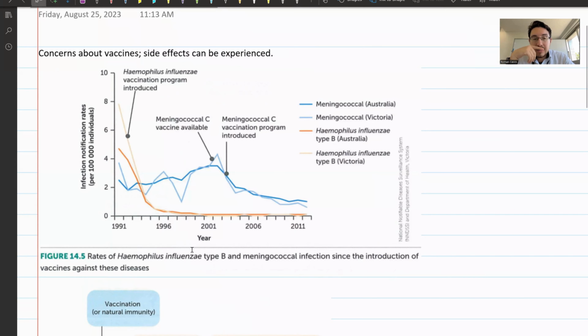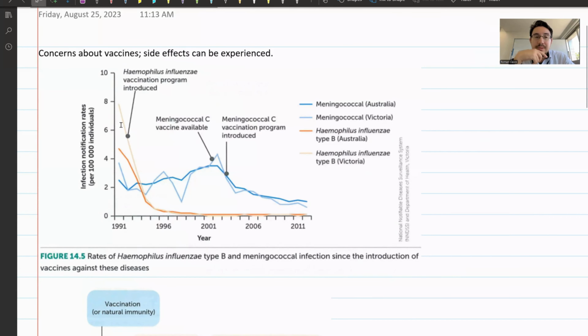Over at the bottom, you have years, right? Since 1991 to 2011. You have infection notification rates per 100,000 individuals, right? So the Haemophilus influenzae vaccination program came in, immediately introducing a vaccination.